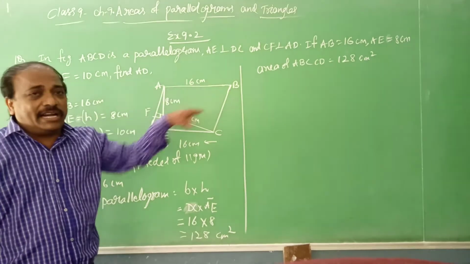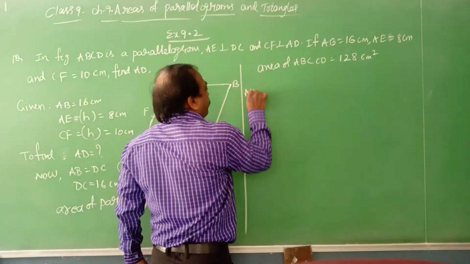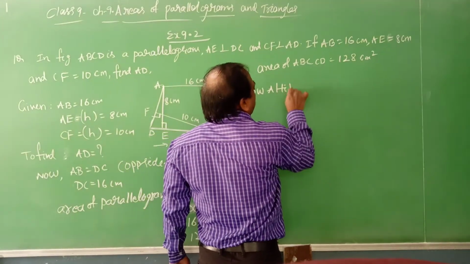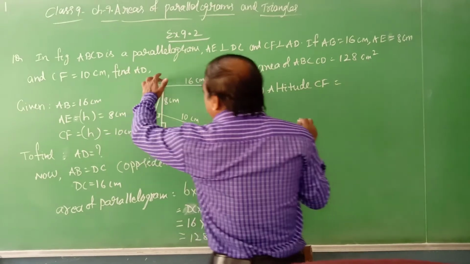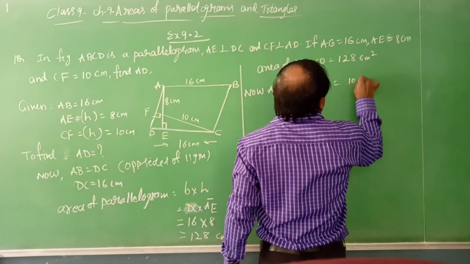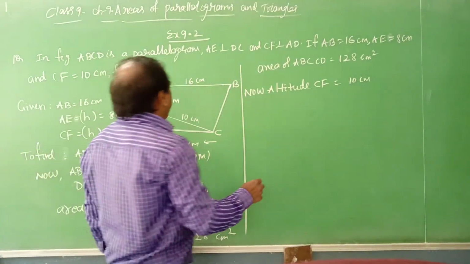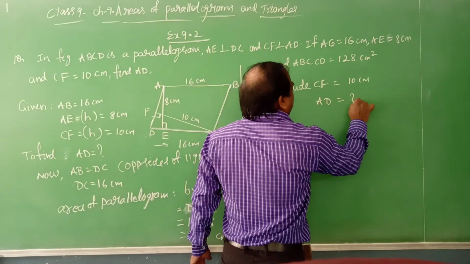In the same figure, now the altitude is CF, which is equal to 10 centimeters. Its corresponding base is what? AD. The corresponding base AD is equal to question mark.